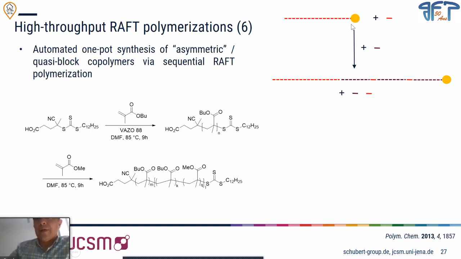And then at the end of this reaction, you have the polymer and some monomer left. So then you add the second monomer, and you obtain a sort of, we call it, quasi-block of polymer. A pure block, which is in red here, and a second block that might have some defects in the black block, basically.